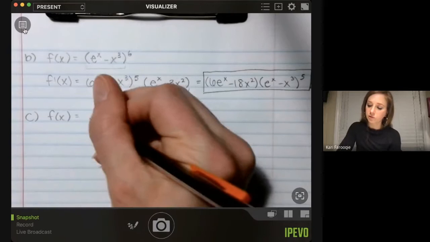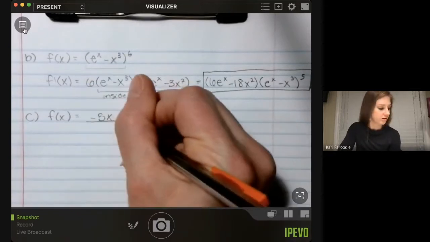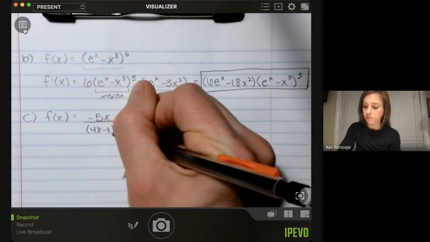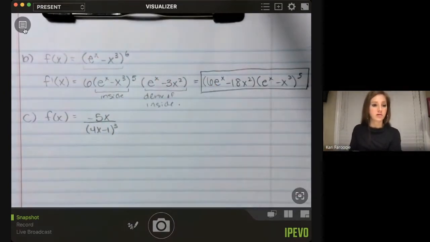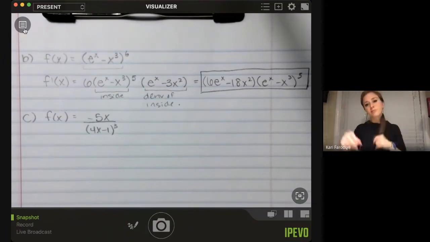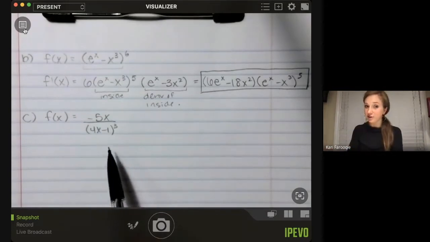f of x equals negative 5x divided by, in parentheses, 4x minus 1, and then that quantity will be cubed. Okay. Now, you have an inside function in your denominator.